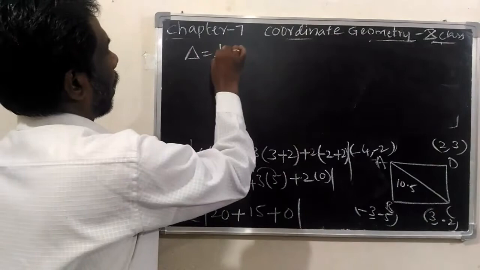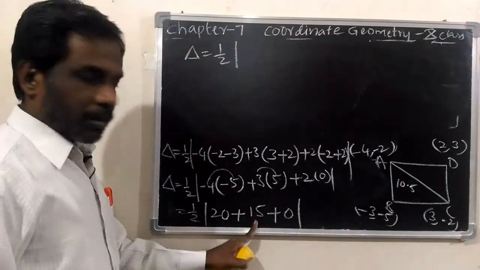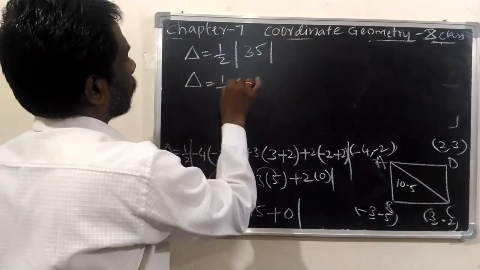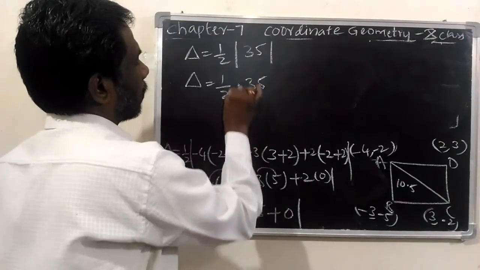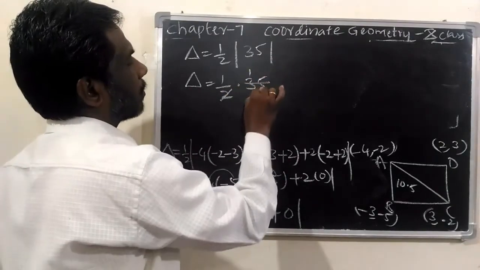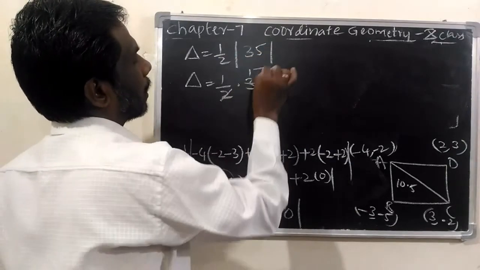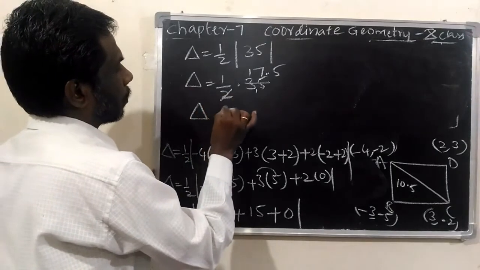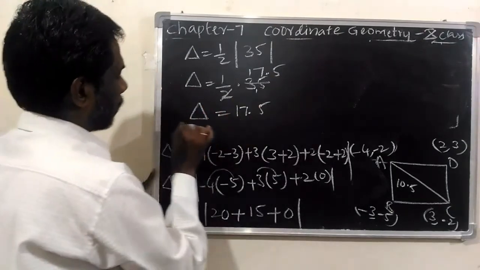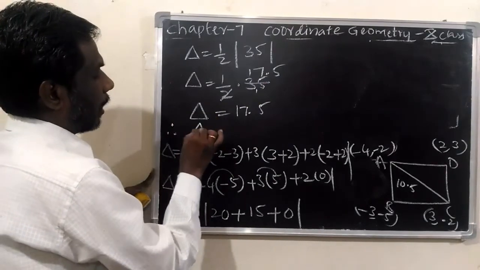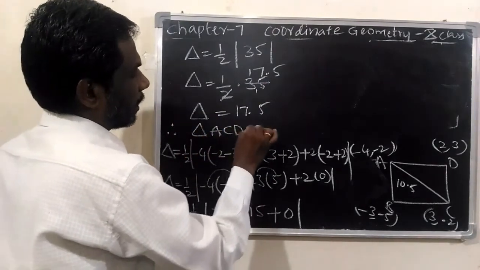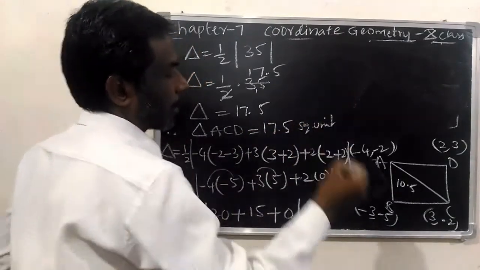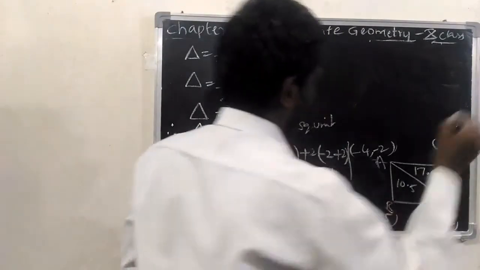Delta is equal to half mod of 20 plus 15 is 35. Delta is equal to half into 35, which is 17.5. Therefore the area of ACD is 17.5 square unit.